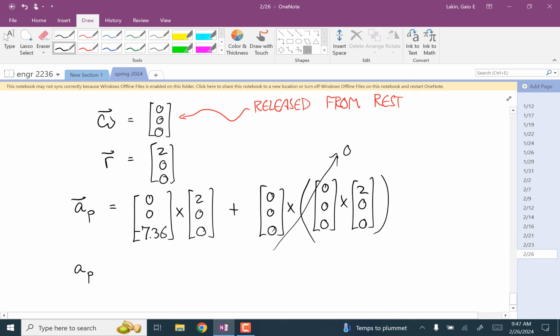And we get that the acceleration of P is equal to 0, negative 14.72. Any questions about that?